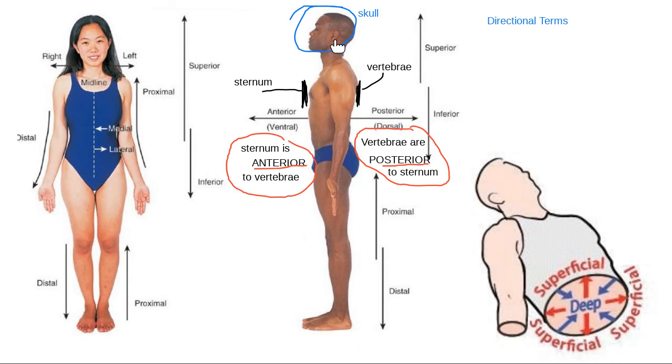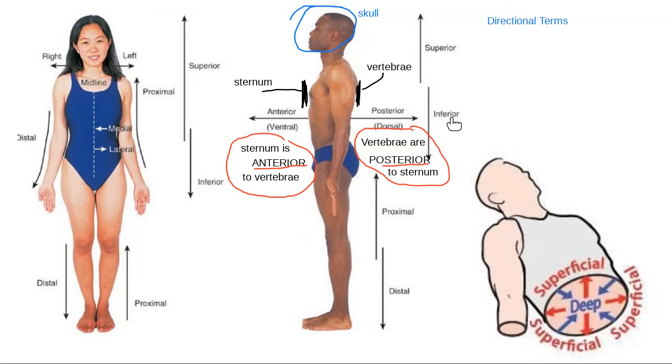When I talk about something where the easiest way to compare its location is that something's higher or something's lower, the words I use to describe that are superior or inferior. Superior means I'm up above. Inferior means I'm down below. So help me fill in the blank here.